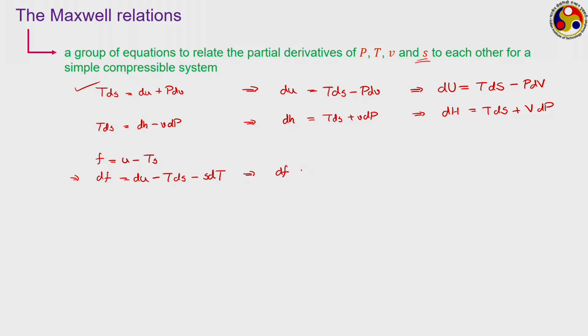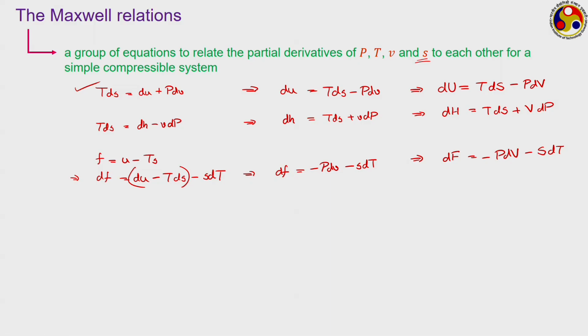So, d of this small f now becomes du minus Tds, which we replace using minus P dV, minus S dT, or in extensive sense d of capital F is equal to minus P d of capital V minus capital S d of T.